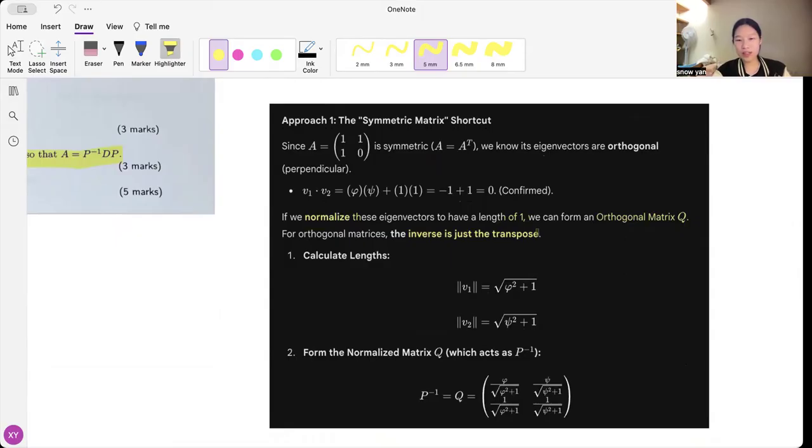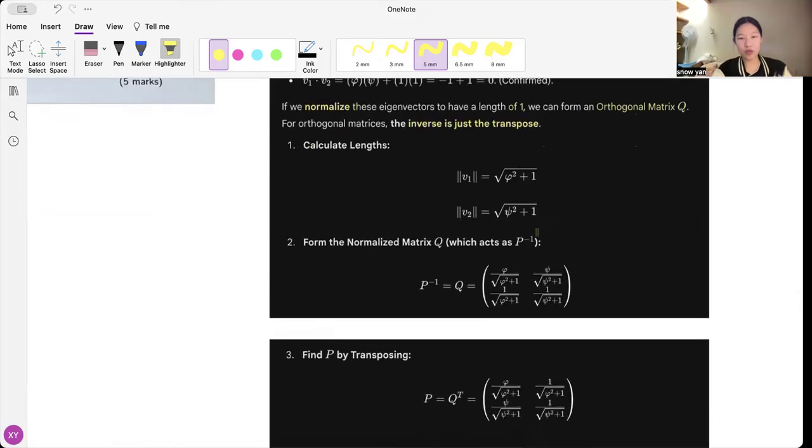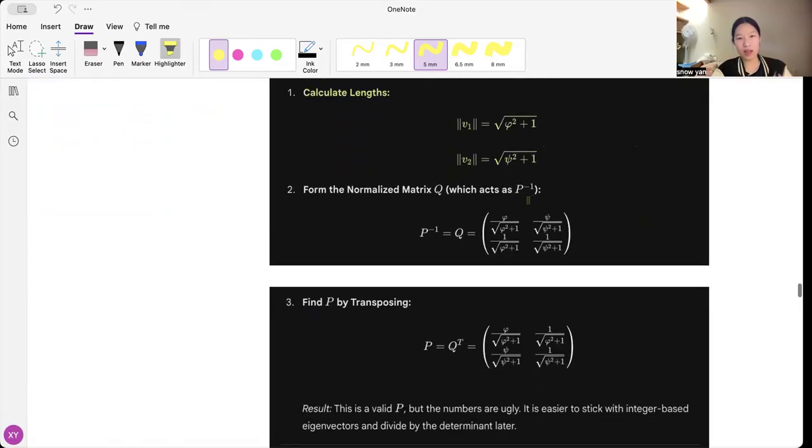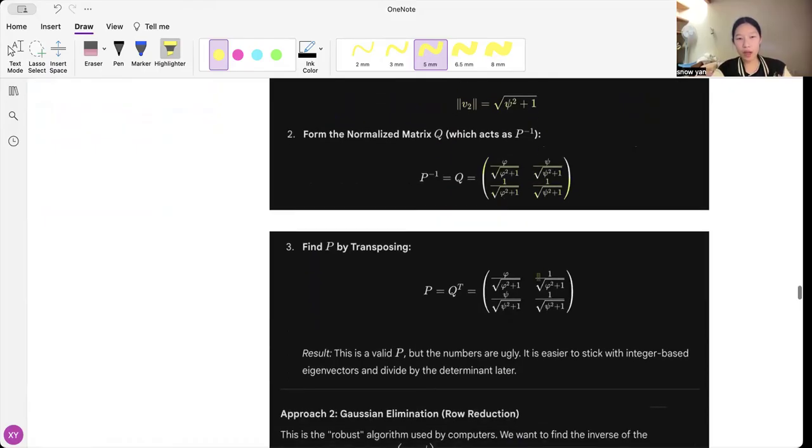But unfortunately, in this case, because the numbers aren't quite nice, it is quite bothersome to do the calculation this way. When we calculate the length, we have to normalize it to 1, so that would make the square root appear.